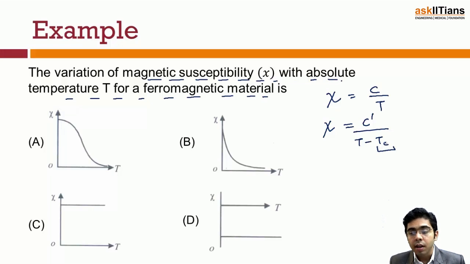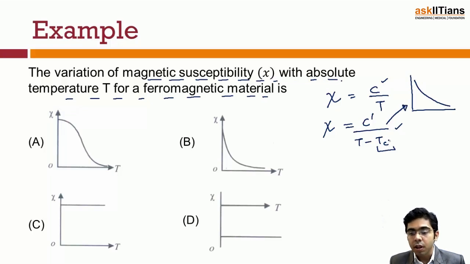After this point, the ferromagnetic material behaves as a paramagnetic material. That means it should follow the paramagnetic curve after a certain Curie temperature.